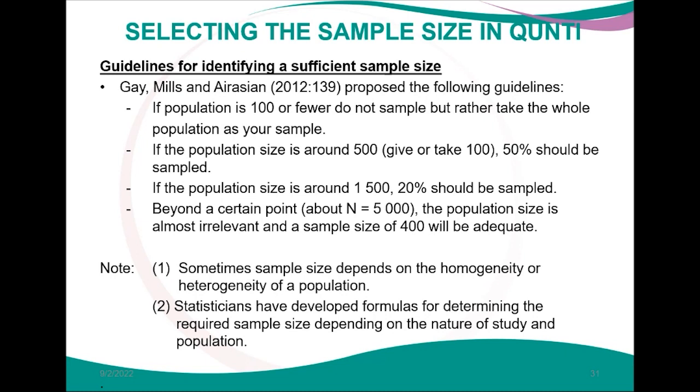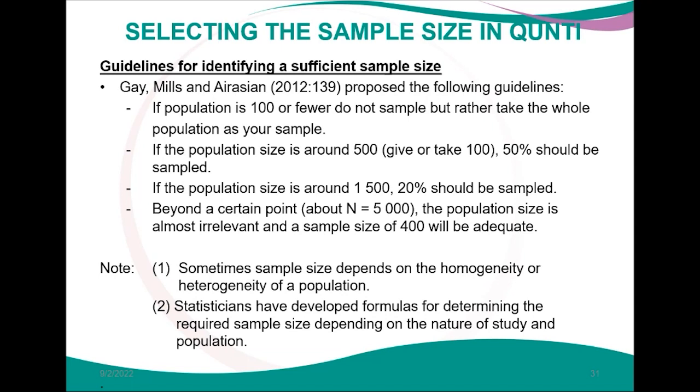If the population size is around 500, 50% should be sampled. If the population size is around 1,500, 20% should be sampled. Beyond a certain point, the population size is almost irrelevant, and a sample of 500 will be adequate. These are the suggestions by Gill, Mills, and Arizona 2012, if you are a quantitative researcher.